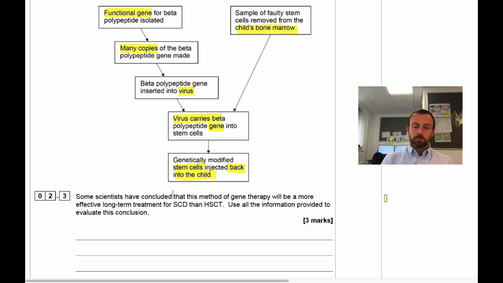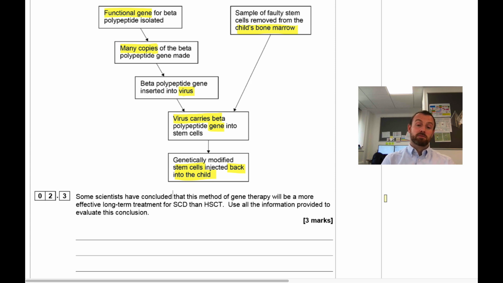However, we could say that in this child, they may still be producing some defective sickle cells, because it doesn't look like from this process that we actually kill their bone marrow cells, and we can't be 100% sure the correct gene has been inserted into every single stem cell.